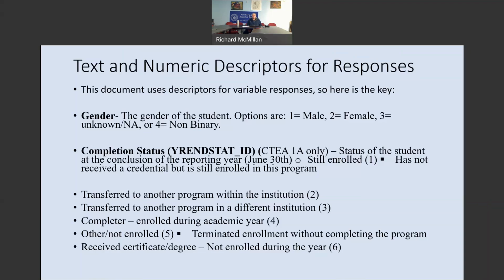The status of the student at the completion of the reporting year: still enrolled, coded 1, has not received a credential but is still enrolled in the program; transferred to another program within the institution, coded 2; transferred to another program in a different institution, coded 3; completer, enrolled during the academic year, coded 4; other, not enrolled, coded 5, terminated enrollment without completing the program, and then received a certificate or degree, not enrolled during the year.